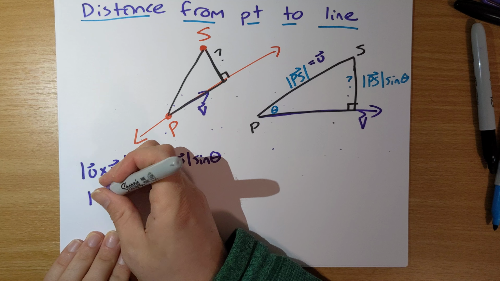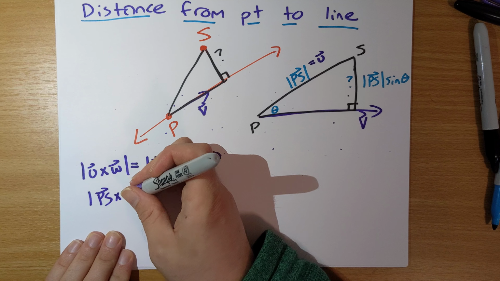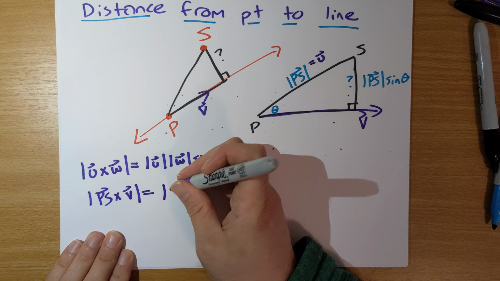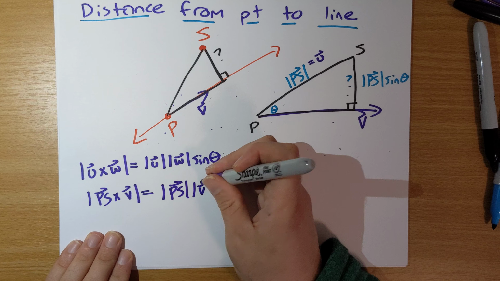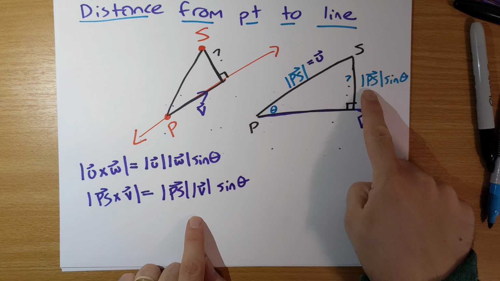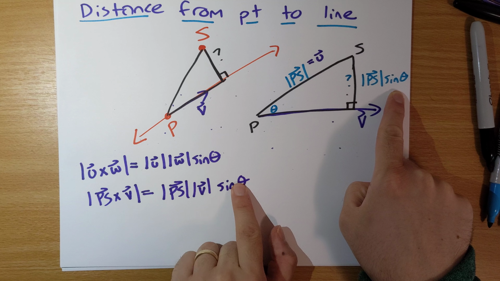So the magnitude of the vector from P to S, this u vector, crossed with our direction vector v, is going to be the magnitude of PS times the length of v times sine theta. We're looking for the length of PS times sine theta. I see a length of PS times sine theta.